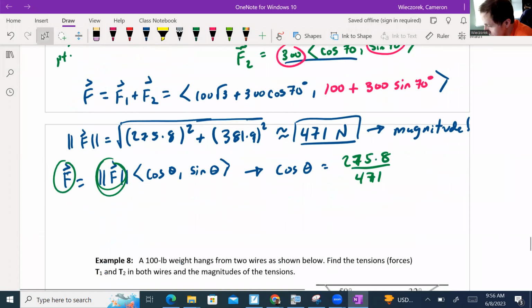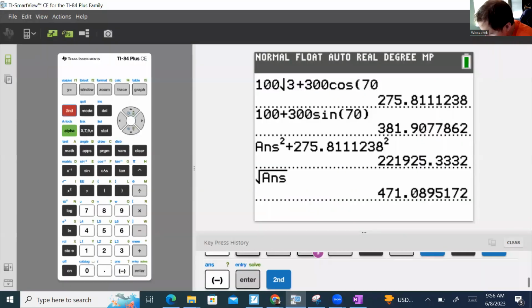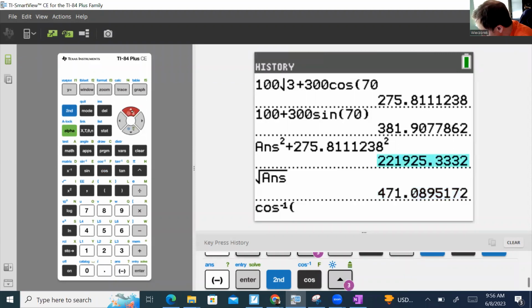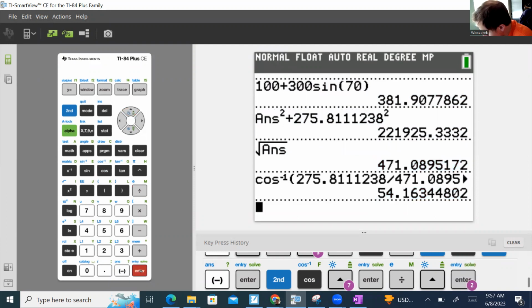And then I'm going to take the inverse cosine. So inverse cosine of that ratio, 275.8, scroll up, grab it, divided by the magnitude of the resulting force, boom. And we get an angle of about 54.2 degrees.